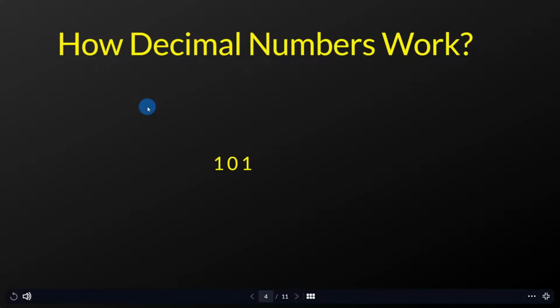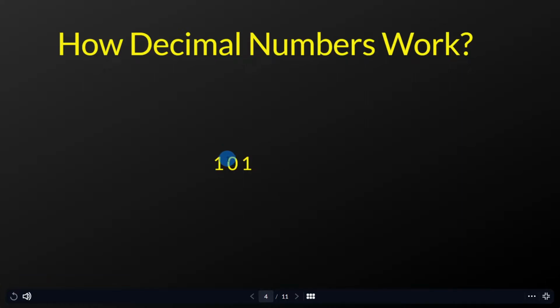To really understand binary, let's take a closer look at how decimal numbers actually work. Take a number example here, 101 in decimal. Notice we have two ones here, but they don't mean the same thing. The leftmost one means 100, the rightmost one means 1. That's because the leftmost one is in the hundreds place, while the rightmost one is in the ones place, and the zero between them is in the tens place.